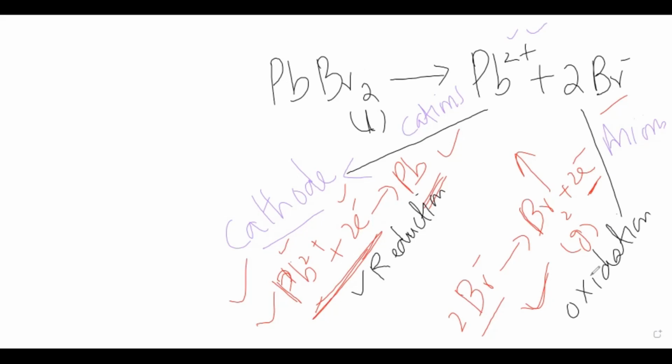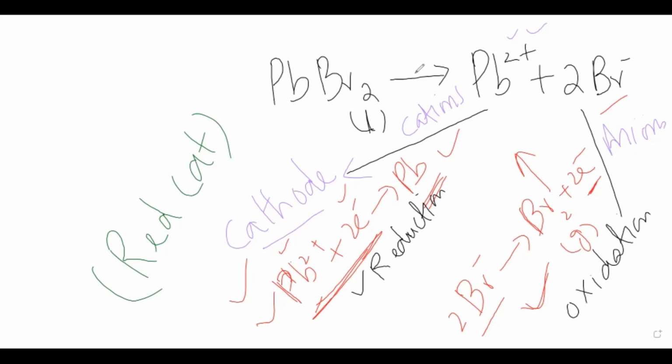Now you should know that during electrolysis, reduction takes place at the cathode always. To memorize this we can write RED CAT. Red for reduction, cat for cathode. Reduction takes place at the cathode.